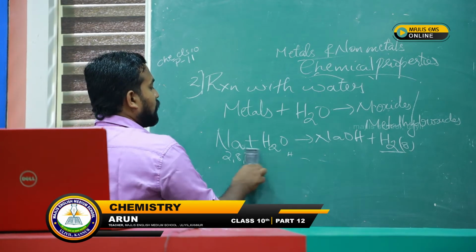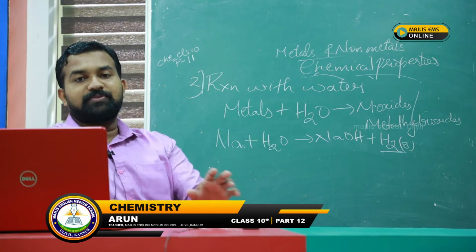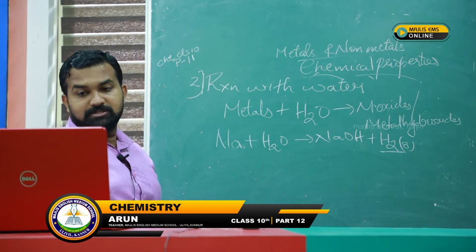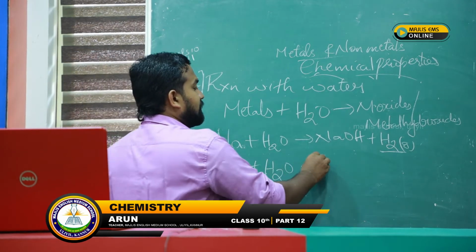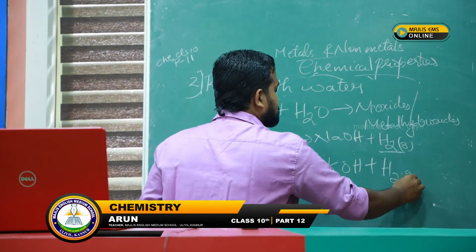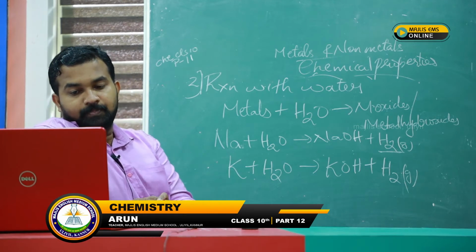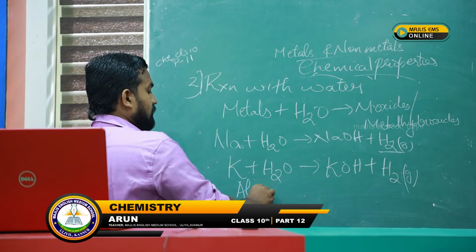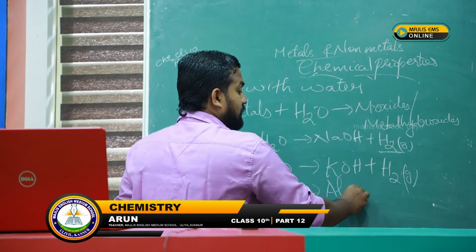So, the metal sodium, when it is reacting with water, what will be formed? Metal oxides or metal hydroxides. For example, potassium, when it is reacting with water, will form potassium hydroxide plus hydrogen gas. Then aluminum, when it is reacting with water, we will get aluminum oxide, Al2O3.